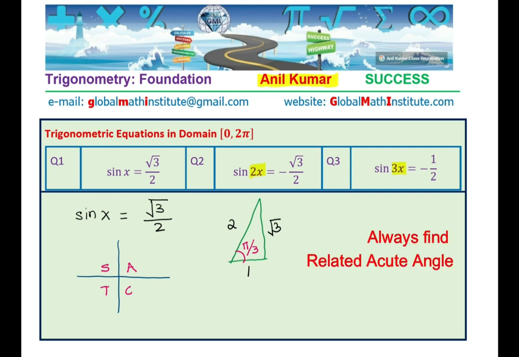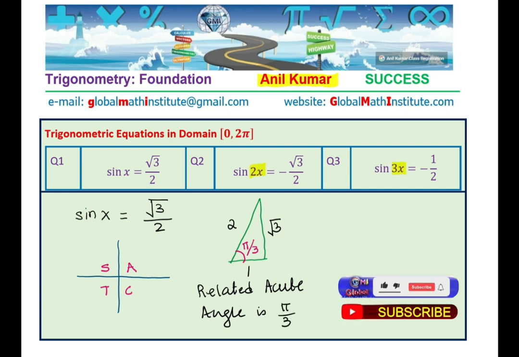Let me write down here: related acute angle is pi by 3. Whether we are looking at negative or positive, we should always find the related acute angle first and then the solutions, right?